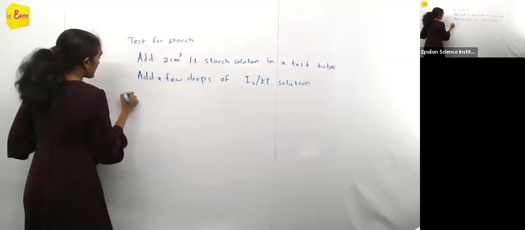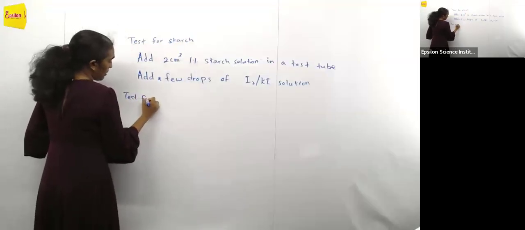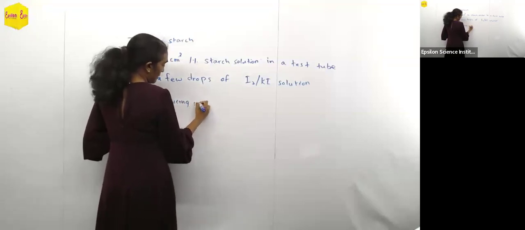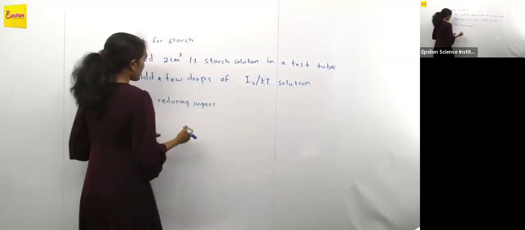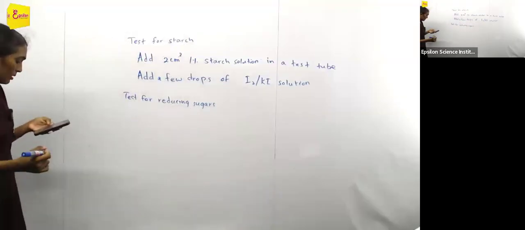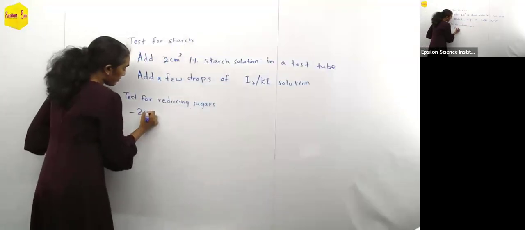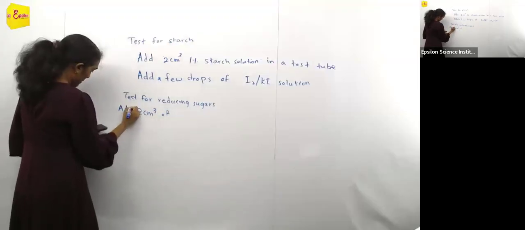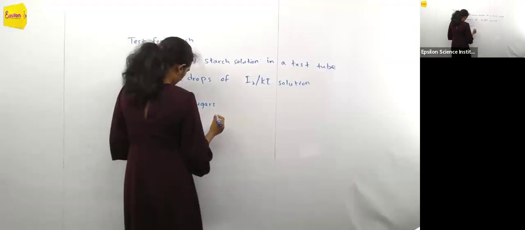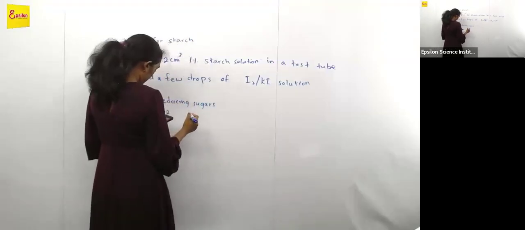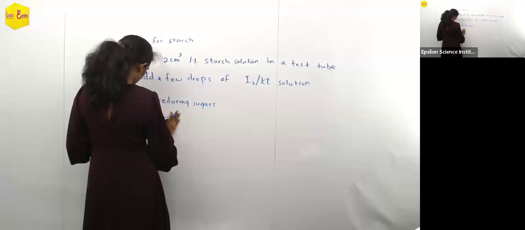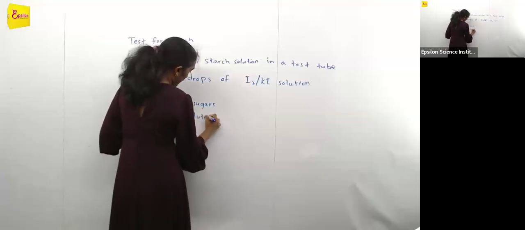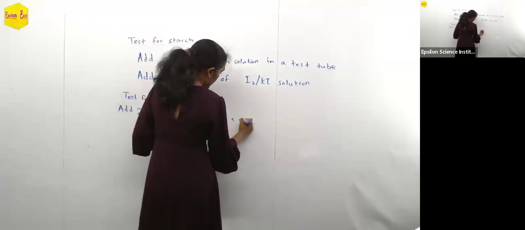Then we will be writing the test for reducing sugars, which is the Benedict test. So you have to add 2 cubic centimeters of a solution of a reducing sugar.